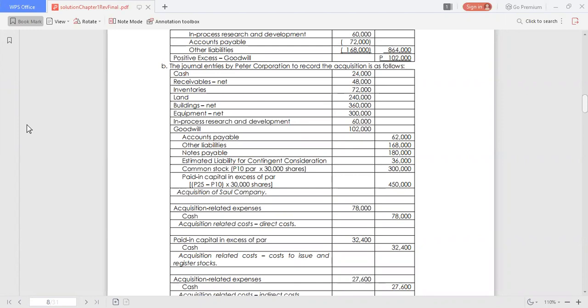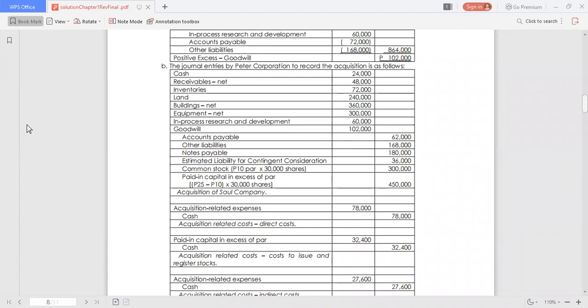Now, if we have the total of the credit side, 62 and 168, that's 230. Then 180 plus 36 is 216. 300 and 450 is 750. That makes 1,196.